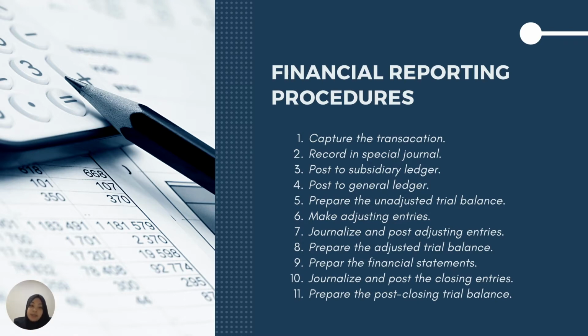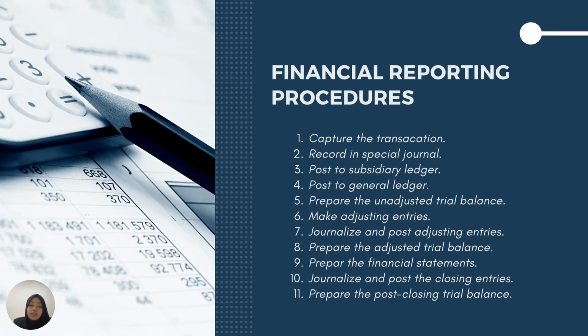Sixth, make adjusting entries. Adjusting entries are made to the worksheet to correct errors and to reflect unrecorded transactions during the period, such as the depreciations. So next, journalize and post adjusting entries.